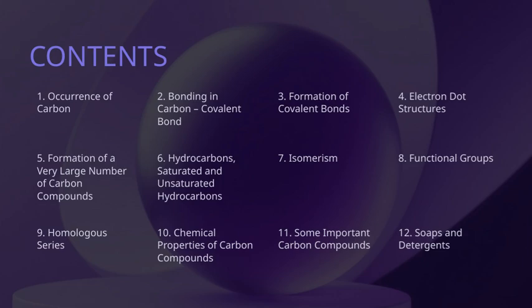We'll also look at how a very large number of carbon compounds are formed, emphasizing the richness of organic chemistry. Finally, we'll touch on the occurrence of carbon in nature, showing its fundamental role in life and the environment. Throughout this presentation, these points will connect to give us a comprehensive understanding of organic chemistry and its significance.